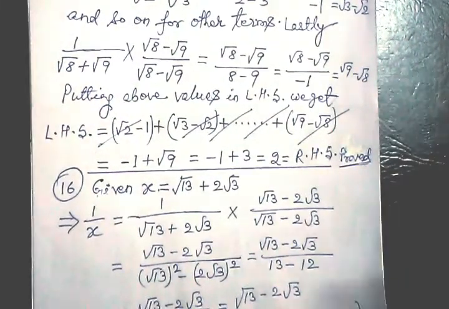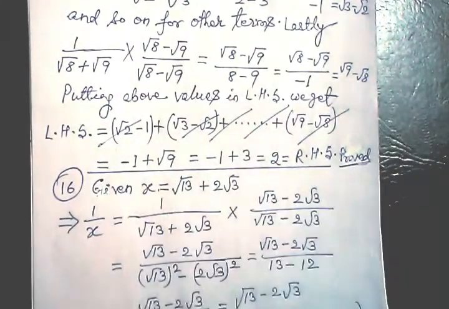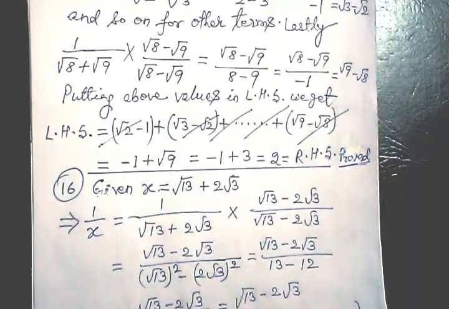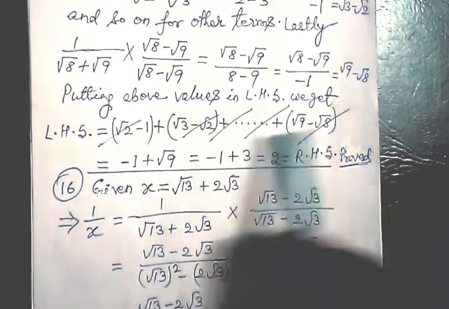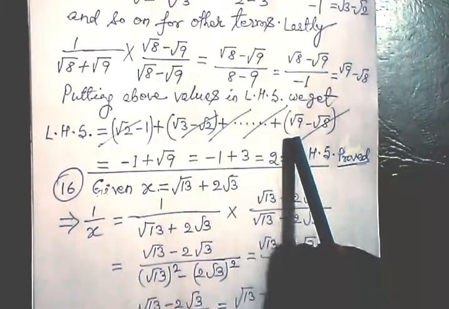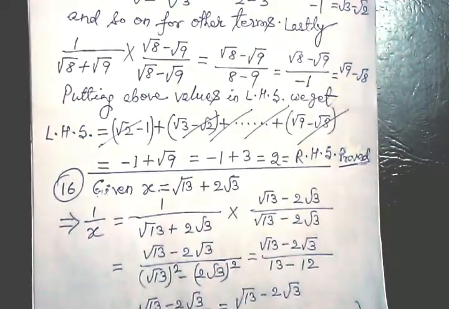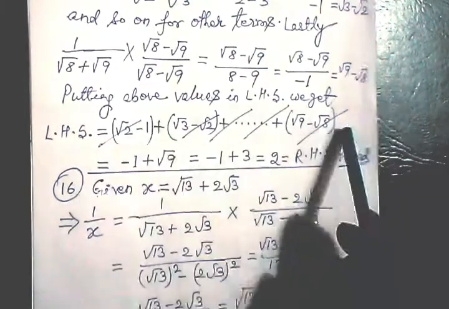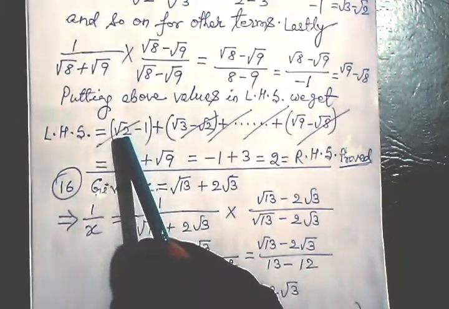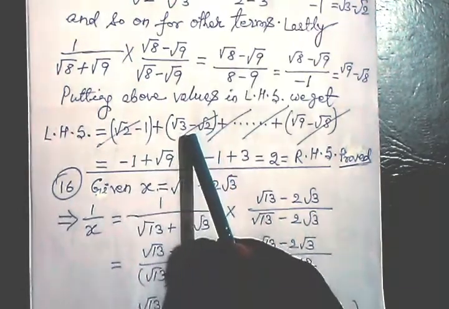Similarly, we will further write root 4 minus root 3, then root 5 minus root 4, and so on, and in the last it is root 9 minus root 8. So we have collected the rationalized form of each and every term and put them in the LHS. What we observe here is root 2 plus and root 2 minus.